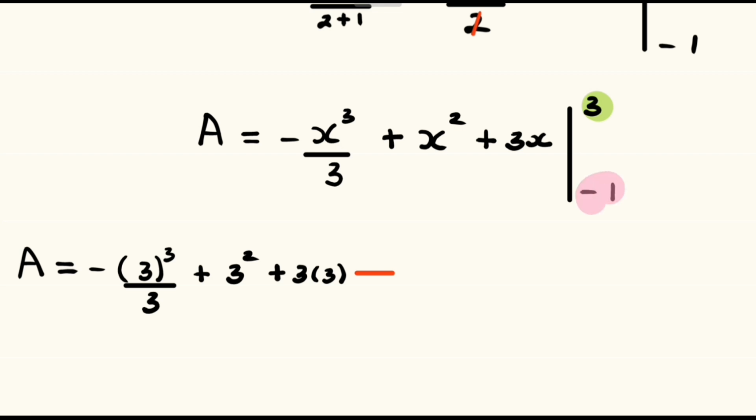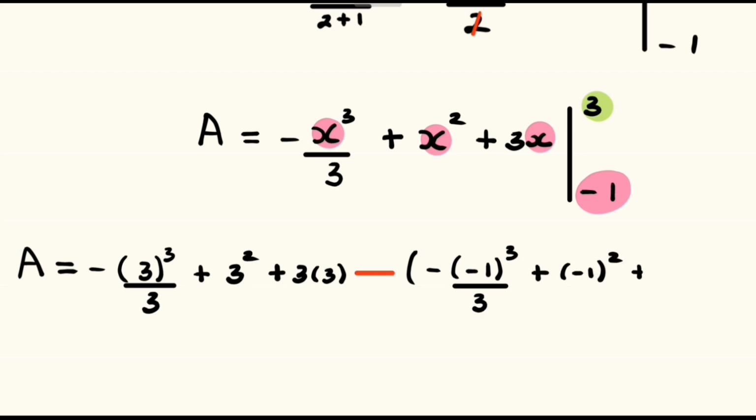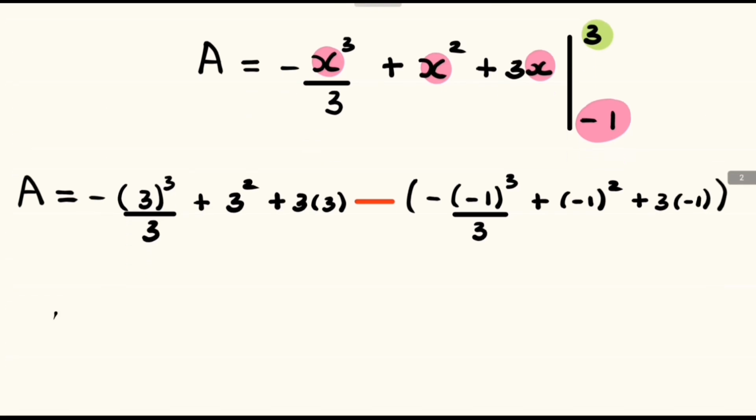Now we substitute that -1 where there is x. So we have our parentheses, and we have negative (-1) raised to the power 3 divided by 3 plus (-1) squared plus 3 multiplied by -1, close parenthesis.